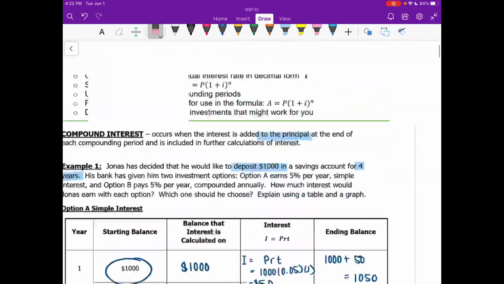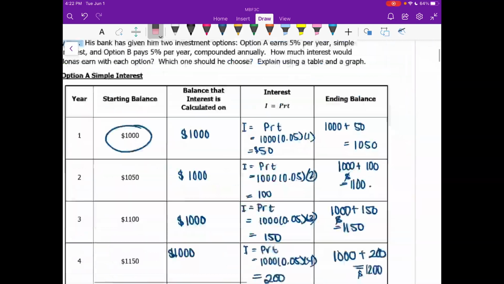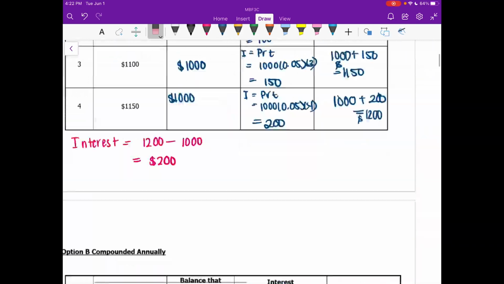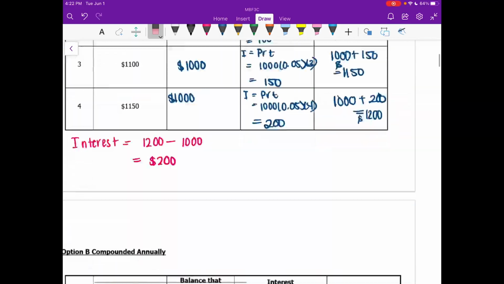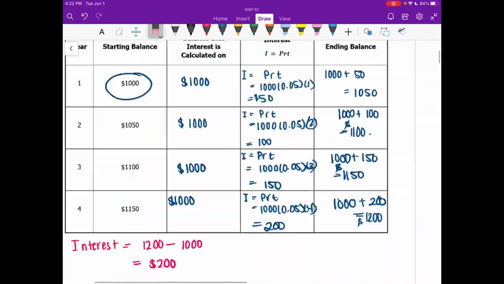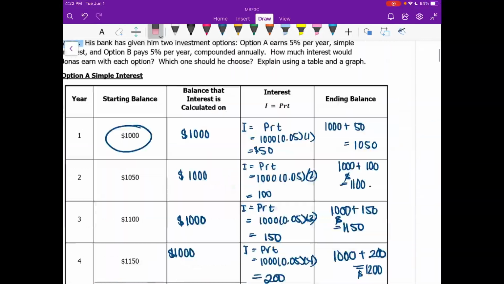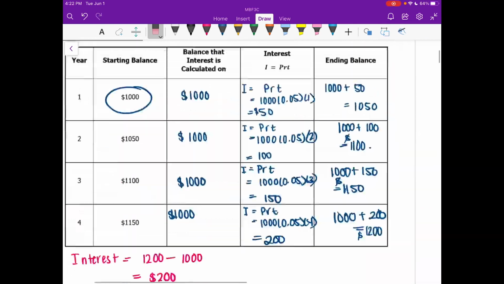So we're going to do both. Let's find it with compounding interest. I know that the formula for compounding interest is A is equal to P times (1 plus I) to the power of N, right? So I know I'm going to need to find my P, my I, and my N. It's just easier if you have this all laid out for you.